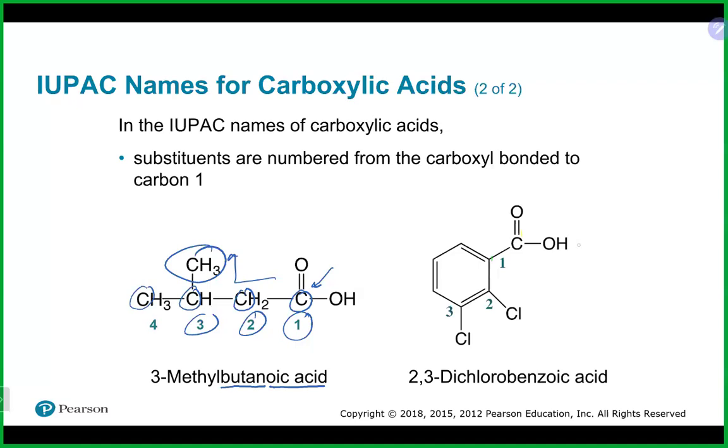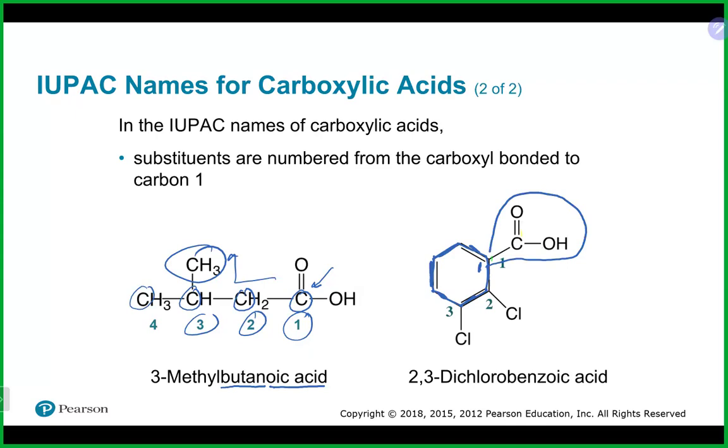Here, same deal. We got a benzene ring here, all the way around with our double bonds. And again, you will see this carboxylic acid group hanging off of the ring. And where that is attached to the ring would be carbon number 1. So wherever that is attached on the benzene ring, it will definitely be carbon number 1.